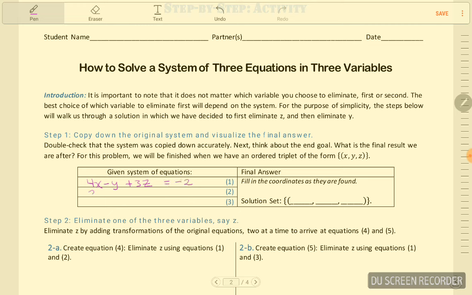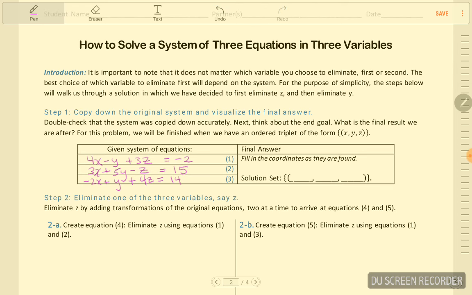Then I have 3x plus 5y minus z equals 15. -2x plus y plus 4z equals 14. So I am looking for a value for x, for y, and for z that will make every single one of these equations true.